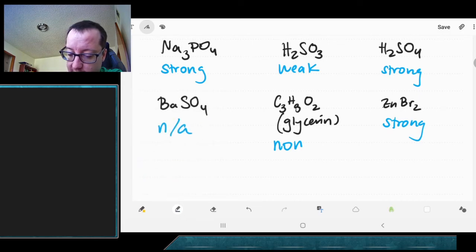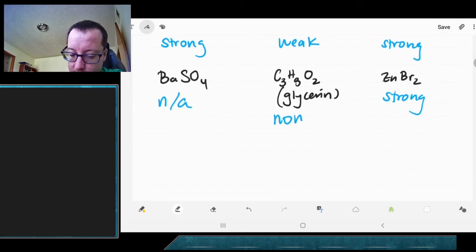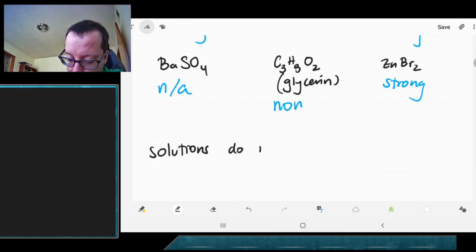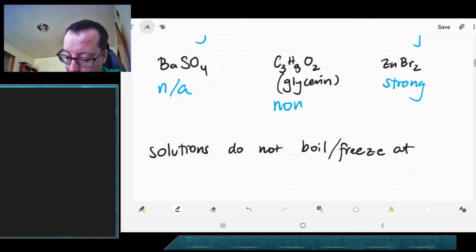With solutions, the other property we're going to look at is that they do not boil or freeze at the boiling point or melting point of the pure solvent.